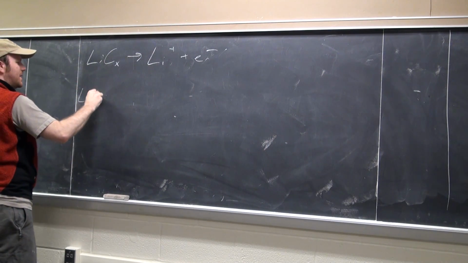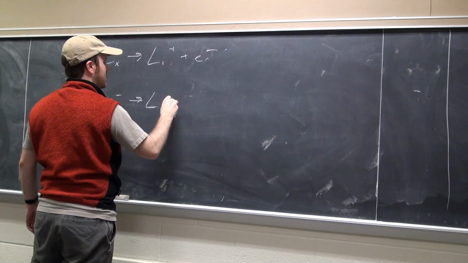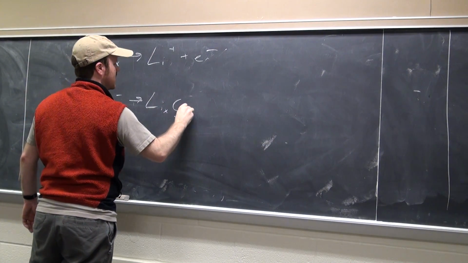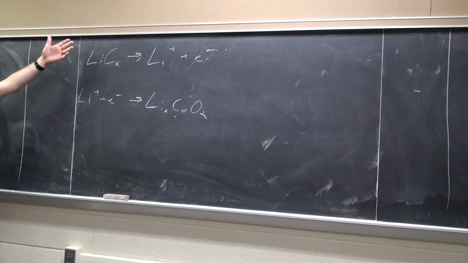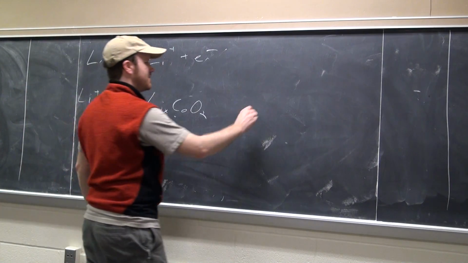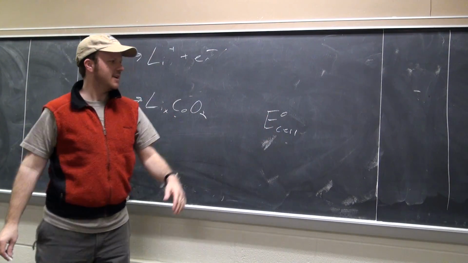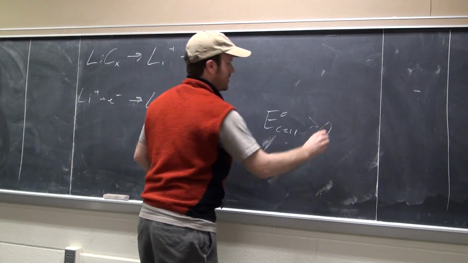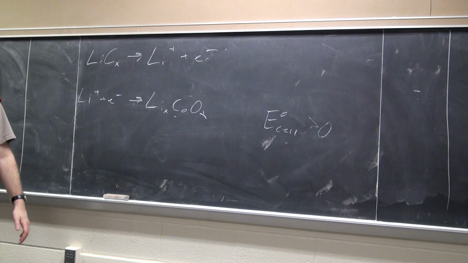Then we have lithium ion plus an electron going to lithium X cobalt oxide. So we can come up with the cell potential for this. When the cell potential is greater than 0, do we get energy from that, or do we have to put in energy to make the reaction happen? We get energy, right?